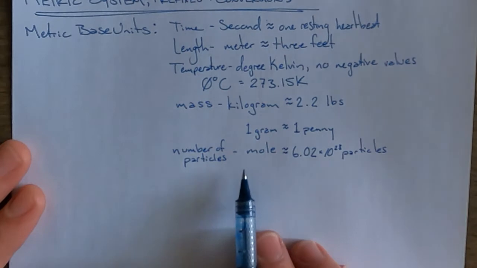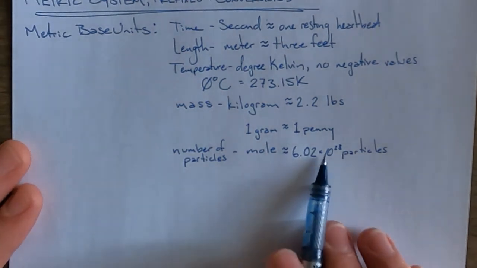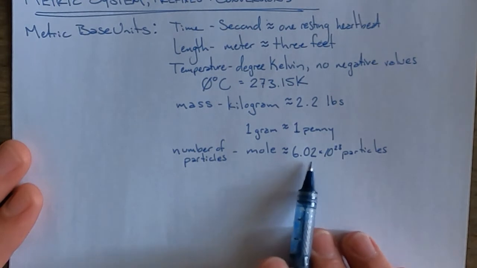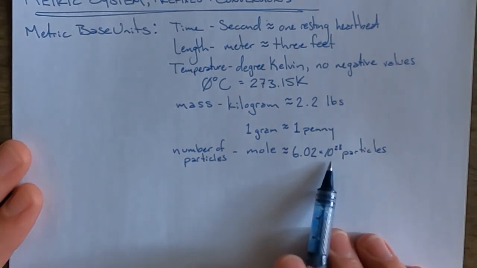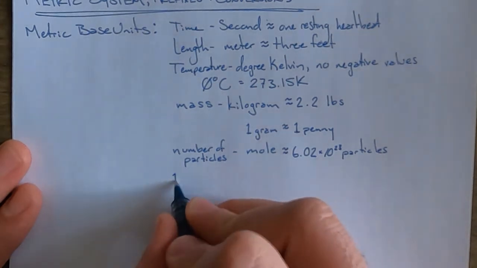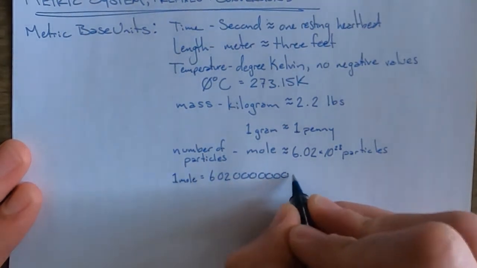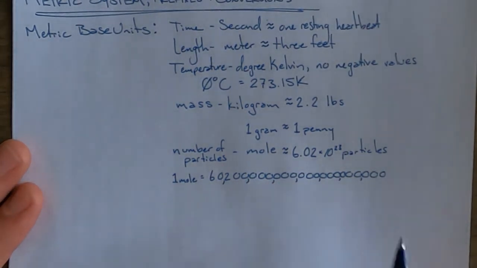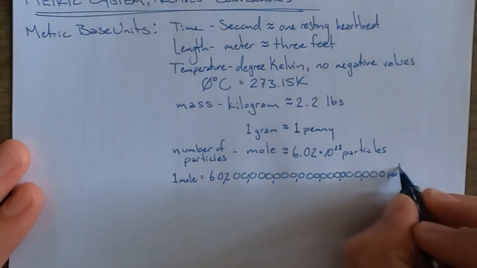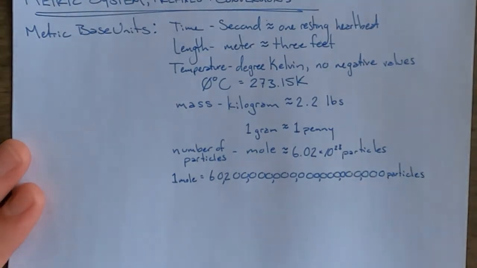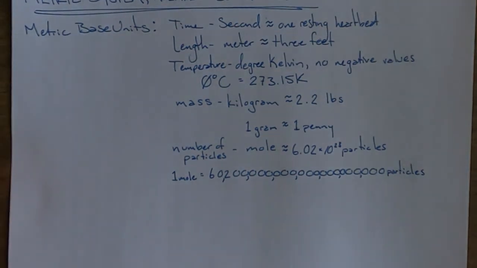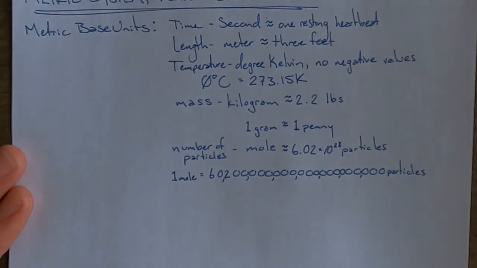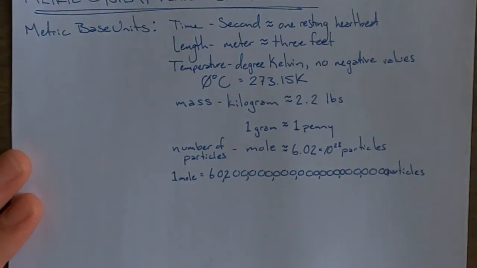So 1 mole of iron atoms would be this many iron atoms. To write it out not in scientific notation would take more time, and I'll show you. So 1 mole would be this many particles. If somebody says 1 mole of iron atoms, it's this many iron atoms. If someone asks for 1 mole of gold, they're asking for this many gold atoms. Sorry, I forgot 1 0.